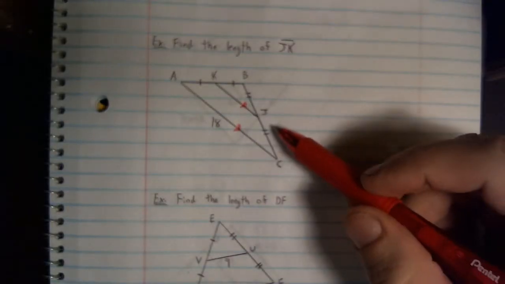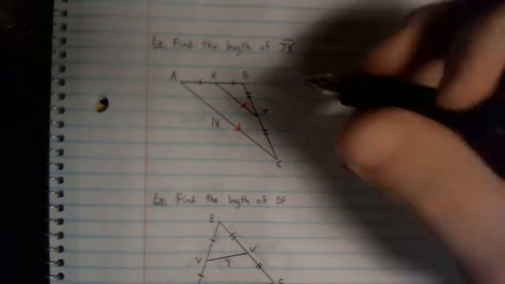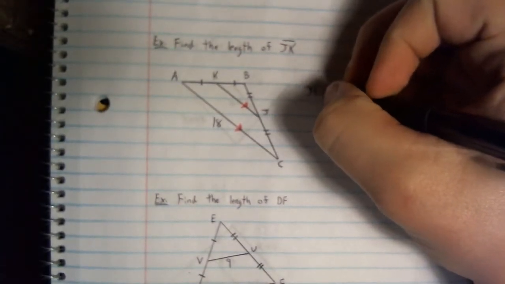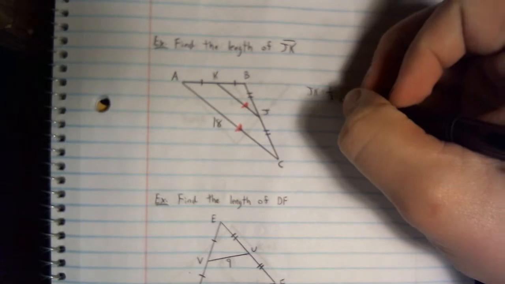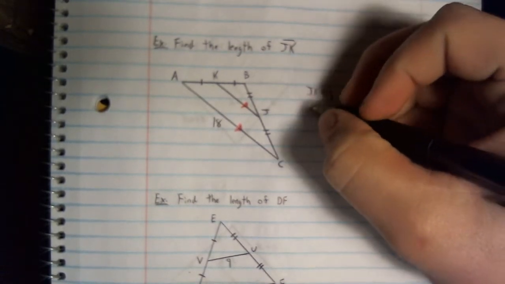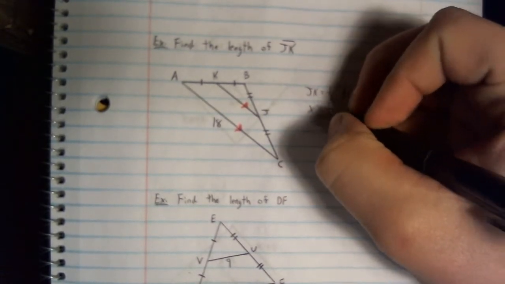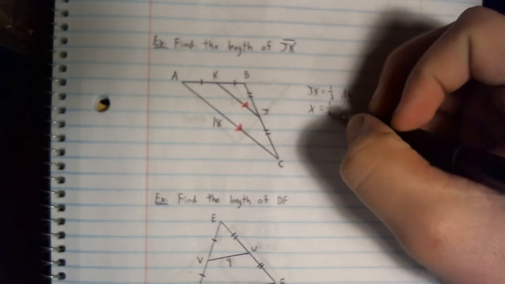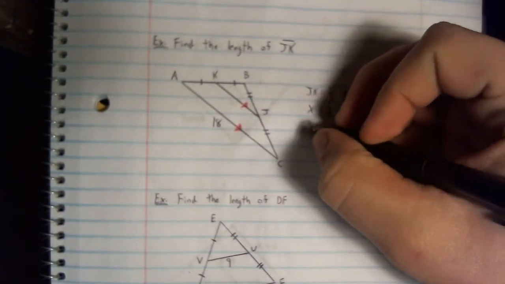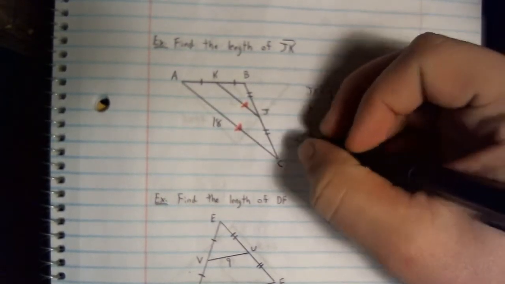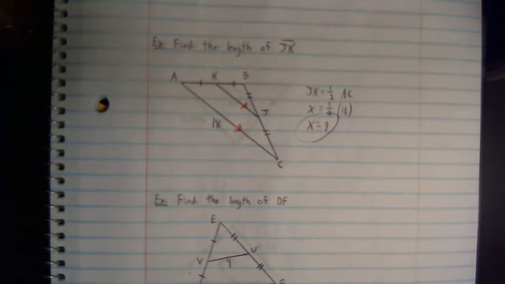But they're asking us for a length, and we know that JK is going to be half of AC. Well, we're trying to find JK, so we'll call that X. It's going to be half of AC, which is 18. That gives me a length of 9. Okay, so I want you to try this next problem out on your own.